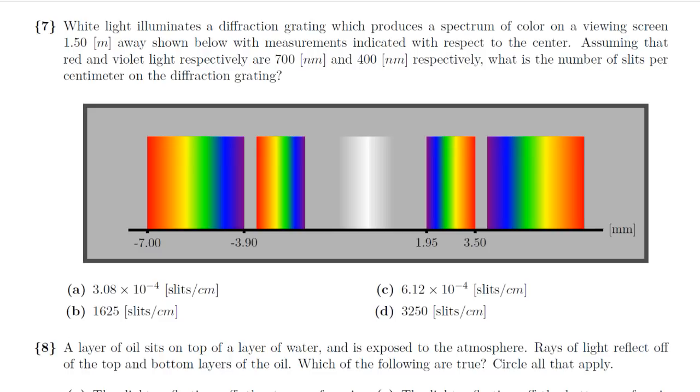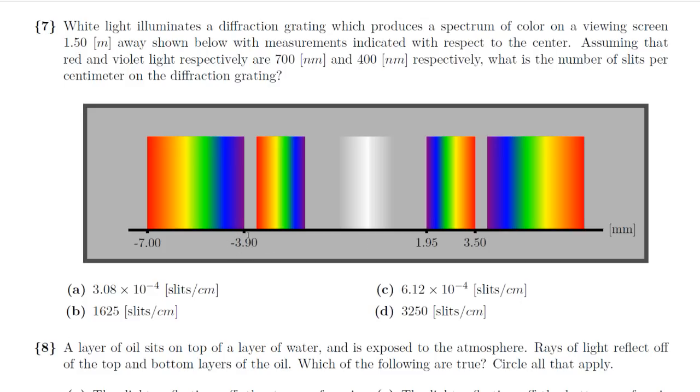Number 7, we have white light illuminates a diffraction grating, which produces a spectrum of color on a viewing screen 1.5 meters away, shown below, with the measurements indicated with respect to the center, as always. So for instance here's the center, right? And from that center, you have the measurements here.